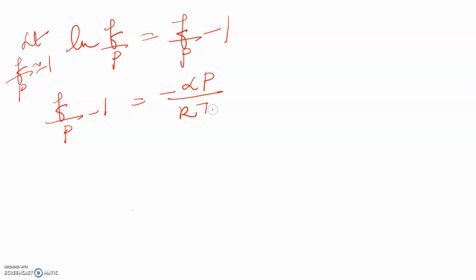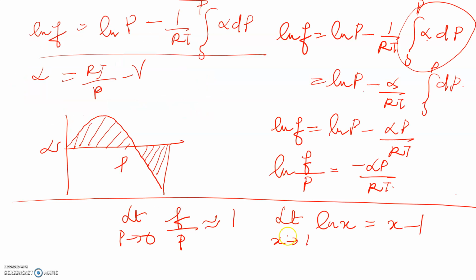Okay, so what have we done here? We have just introduced a mathematical approximation, that is, if there is a function like limit x tends to 1 ln x, then that is equal to x minus 1.